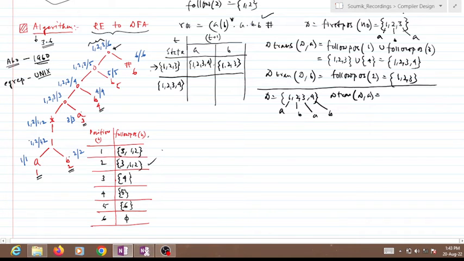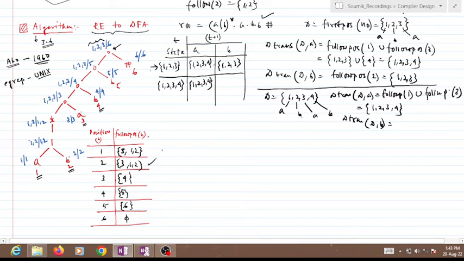So a means 1 and 3, so it will be equal to followpos of 1 union followpos of 3. Followpos of 1 is 1 2 3 and followpos of 3 is 4. So we have to find the union of them, so it will be 1 2 3 4. Now Dtran of D comma b.